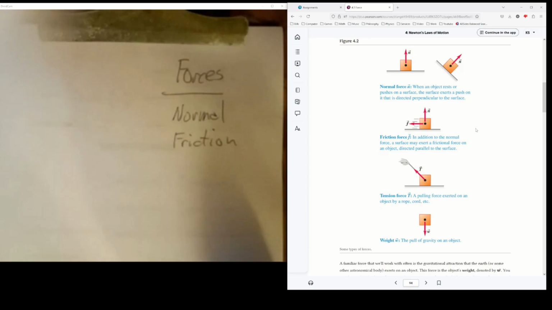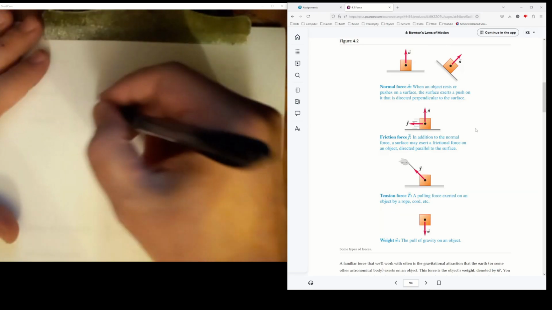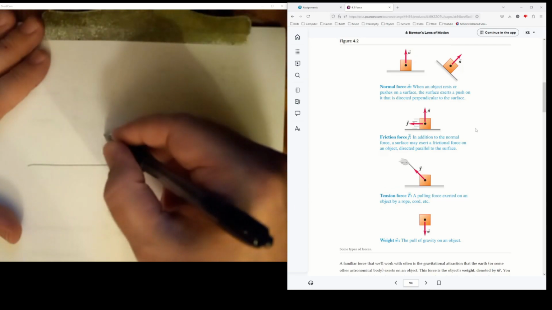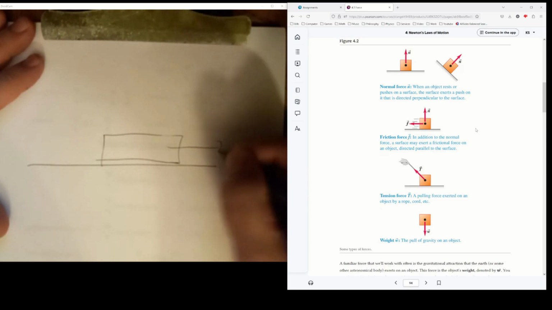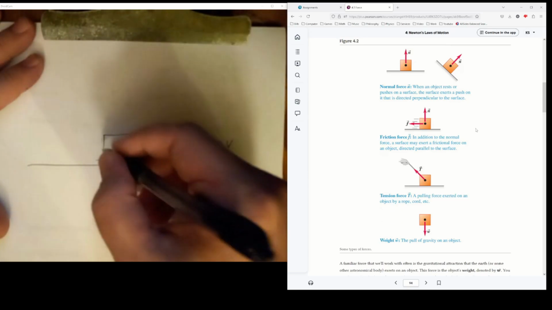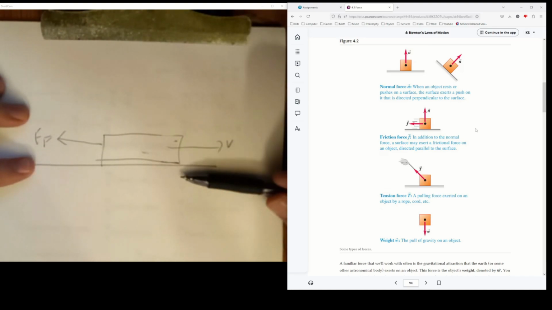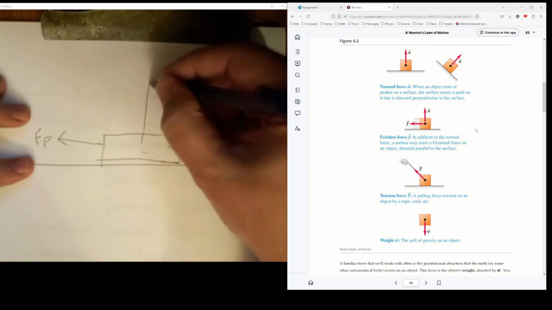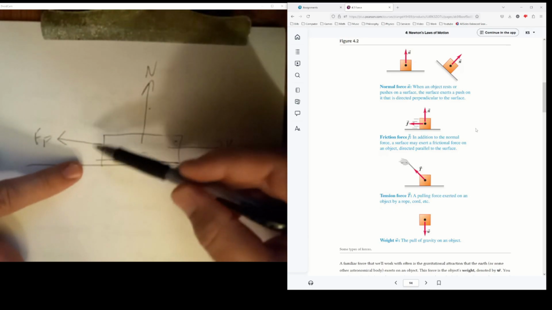So let me just get another piece of paper here. If we have a flat surface and I'm going to push this object, and the object is going to move this way, then the force of friction opposes that motion. It's parallel with the surface. And remember, the normal force is always perpendicular to the surface. So these are two forces we're talking about.